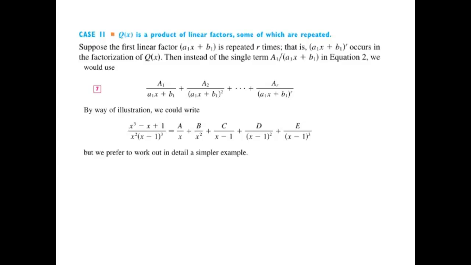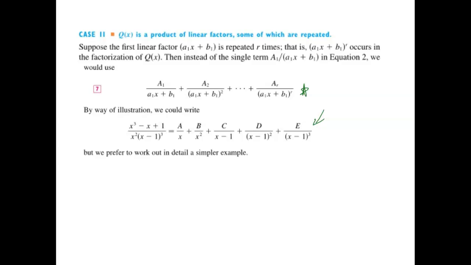The generalized version of this is kind of hard to understand, I think. If you look down here at this example, hopefully that'll make it clear, and I'll try and explain why it works this way. So here we have a rational expression.